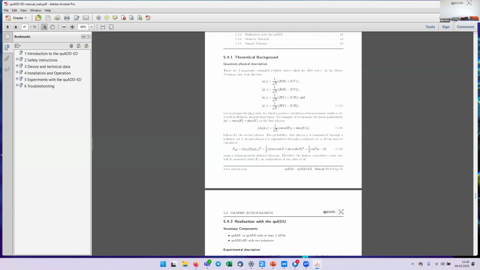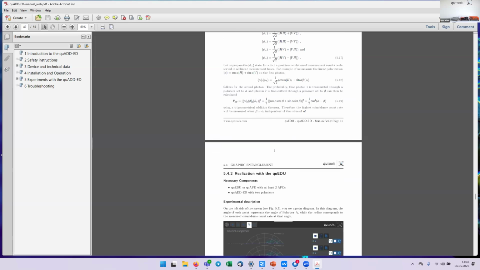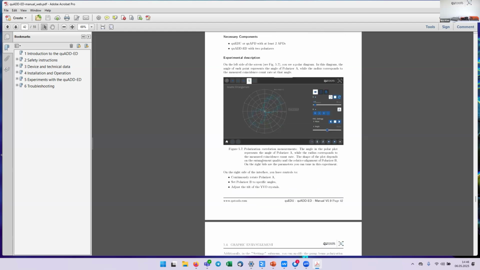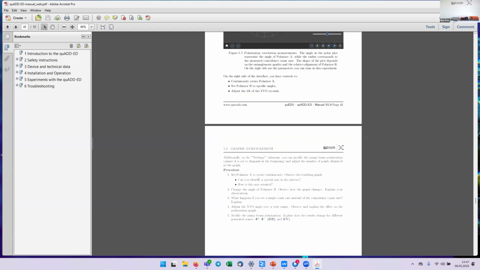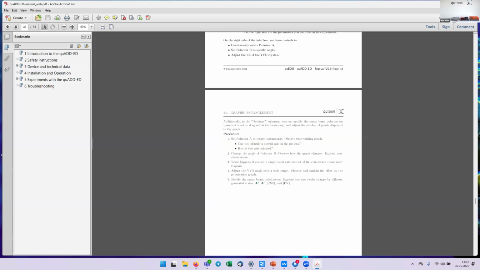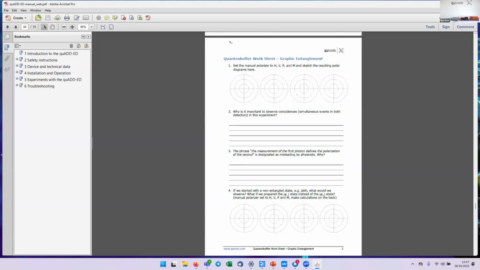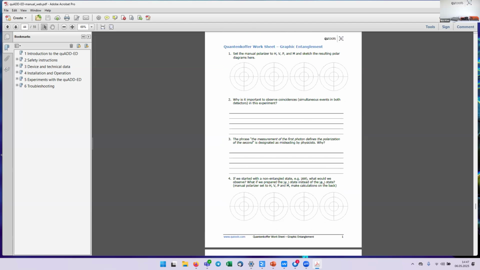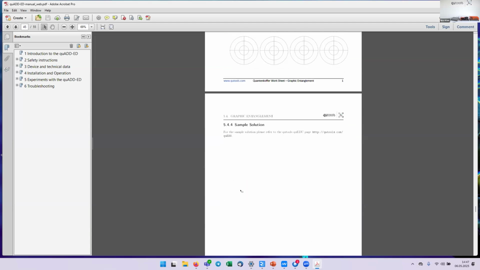It's usually very short and to the point, because we think you can better provide the rest, but as a starting point, you have this. Then there's an experimental description, what you can change, and what the procedure is for the experiment. We also provide a worksheet that you can directly give out to your students if you want. They have some questions that they can answer and fill out, and we hope they're going to learn something with it.